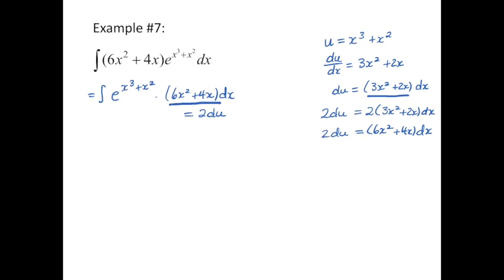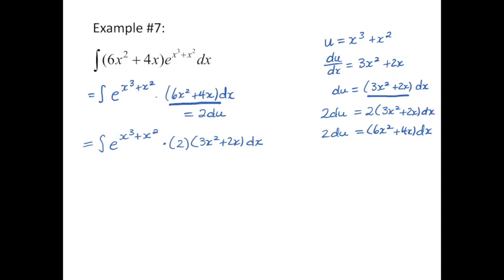Another way that we could approach this is to say, well, 6x squared and 4x are both multiples of 2, so we could also factor out a 2 from there. So change this into the integral of e to the x cubed plus x squared times, factoring out that 2, 2 times 3x squared plus 2x dx.